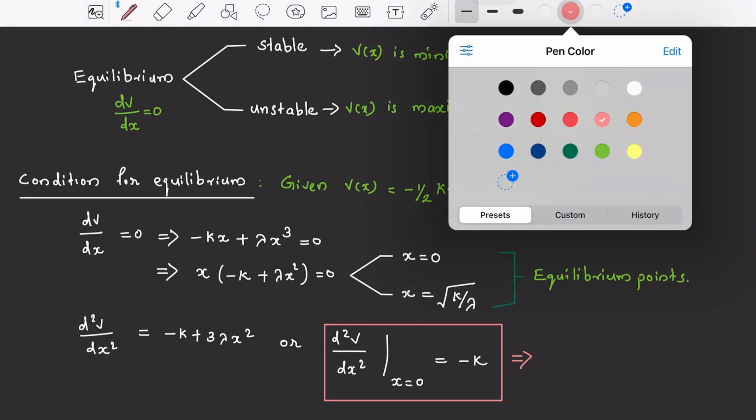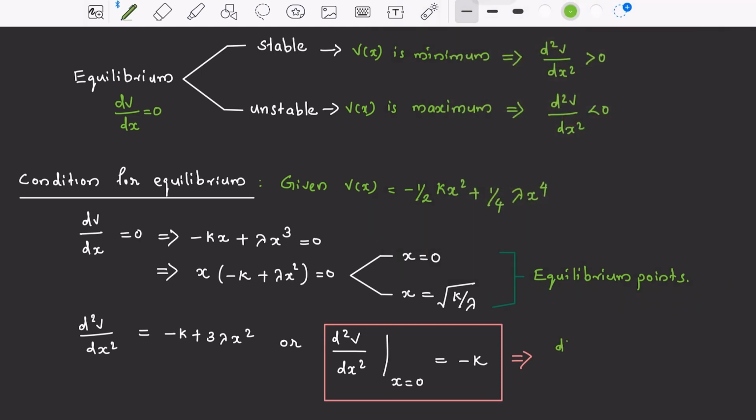So we can conclude that d square V by dx square at x equal to 0 is less than 0, which means x is equal to 0 corresponds to an unstable equilibrium point.